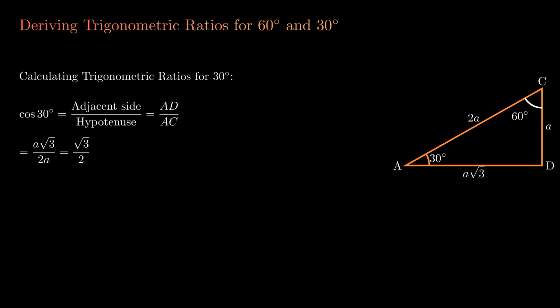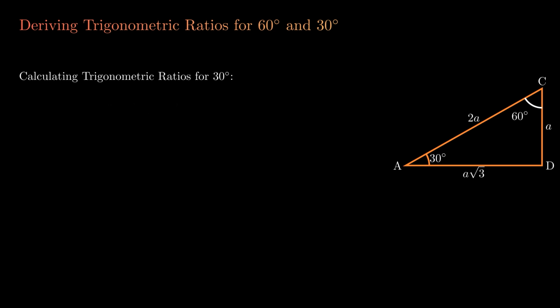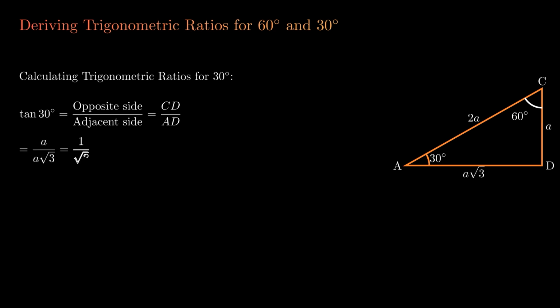After simplification, we have cos of 30 degree as square root of 3 by 2. Let's compute tan of 30 degree. We know tan of any angle is opposite side by adjacent side. Here the side opposite to 30 degree is CD and side adjacent to 30 degree angle is AD. We know CD equals A and we know AD equals A times square root of 3. After simplification, we have tan of 30 degree as 1 by square root of 3.